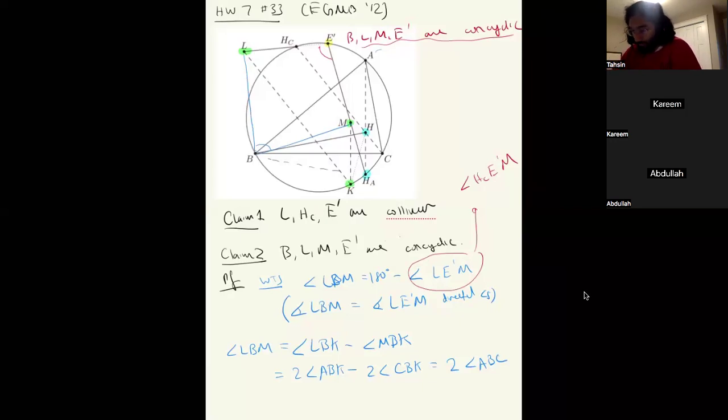So that's LBM. We really have a good idea what LBM is, and now let's see if we can calculate this other angle.